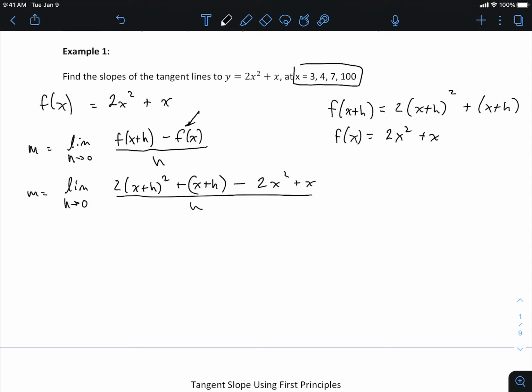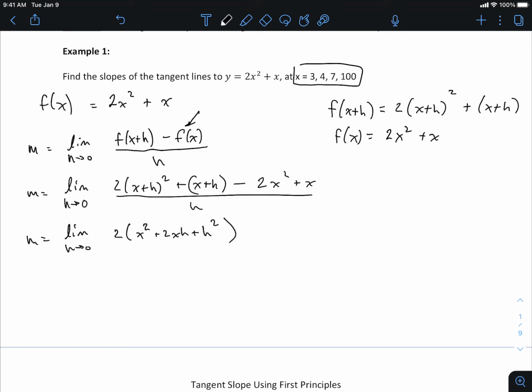Well, let's just expand and collect like terms in the numerator, okay? So the limit as h approaches 0. What are we going to get for this? Well, we're going to get 2 times x squared plus 2xh plus h squared.